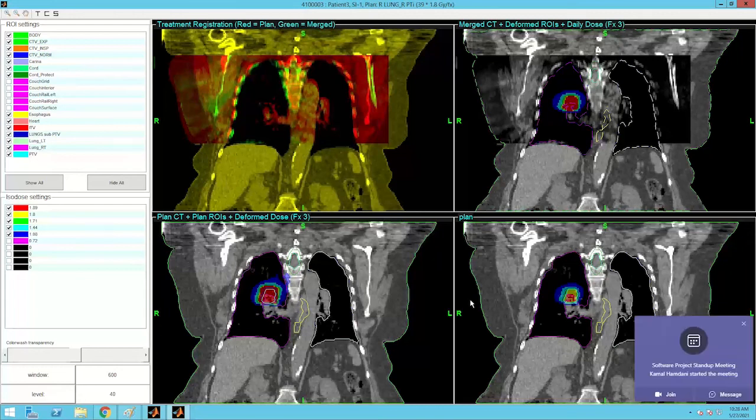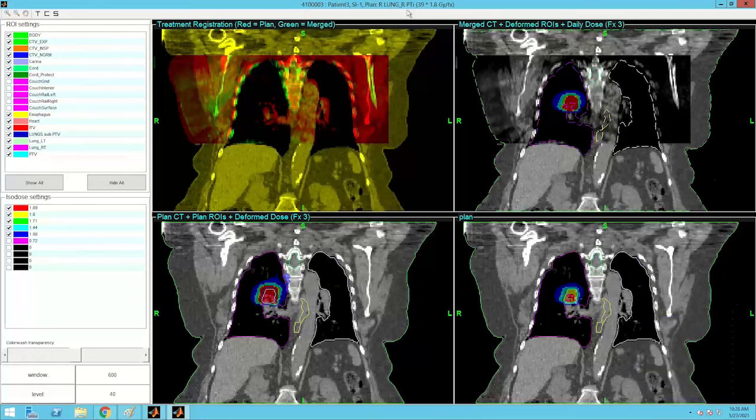The next viewer is the fraction viewer. Here you can see that we are on fraction 3 right now. Again, the upper left portion is the same. This is just showing the registration. The lower right, similarly, is the planned CT with the planned dose.